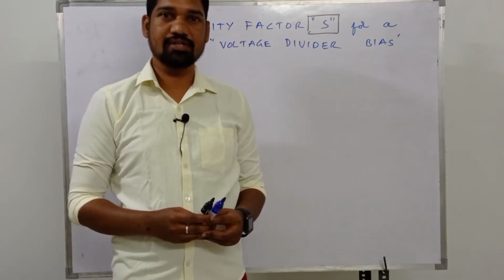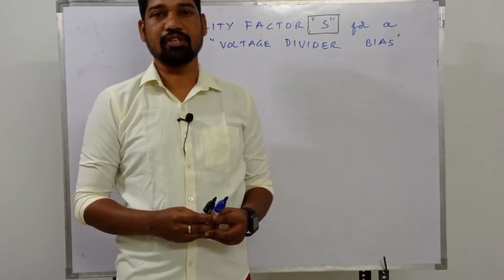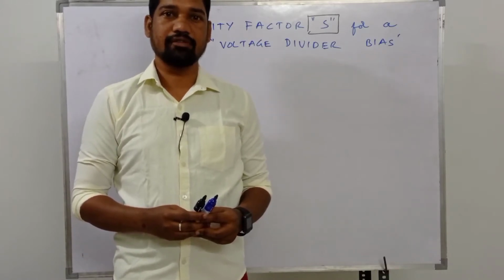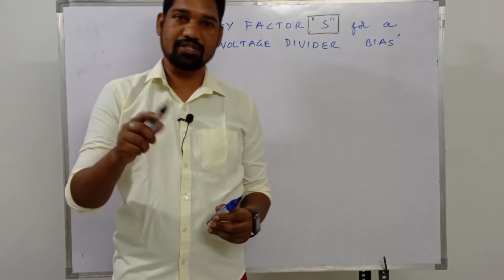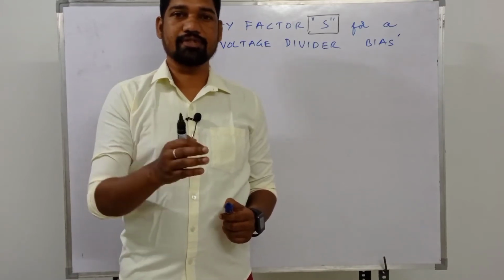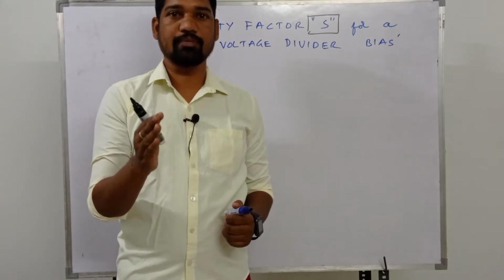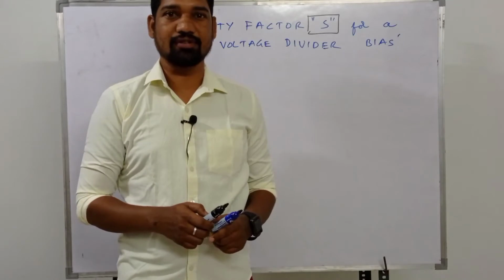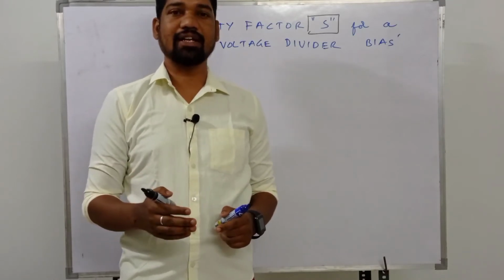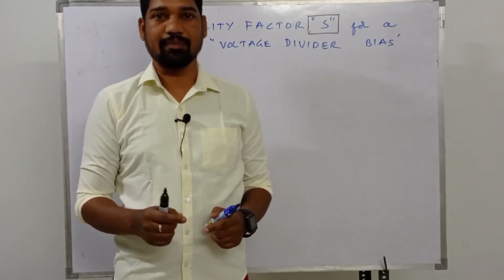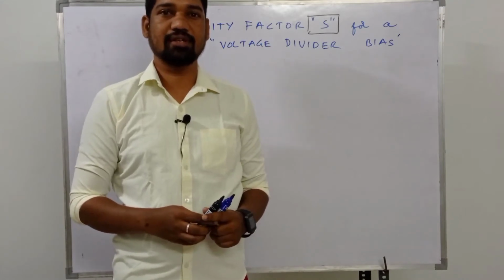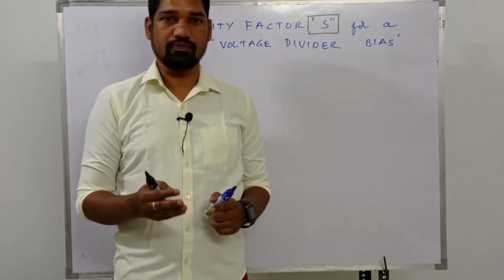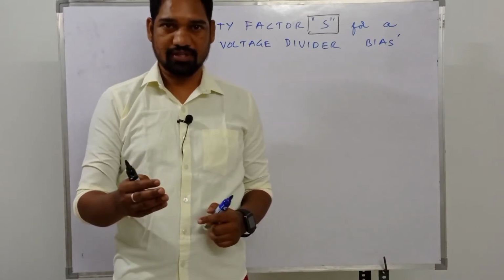When a transistor is replaced with another transistor, there will be a change in beta, and even that change in beta will give a change in IC, which indirectly shifts the position of the operating point IC value, and with that drift in IC value, we cannot get faithful amplification. So we have to design a circuit in such a way that the IC is almost independent of all these three parameters.